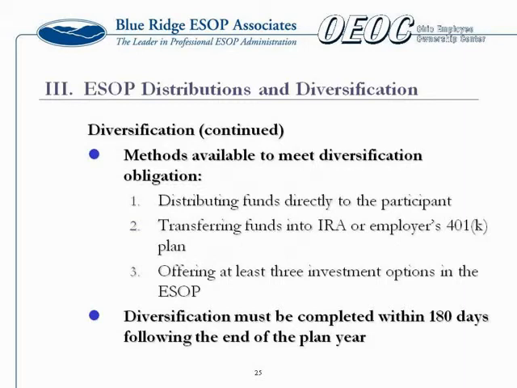And the one that I believe, at least I have seen least often, is the offering of at least 3 investment options in the ESOP. That would mean that the cash for those shares would be transferred into an investment fund or different investment options that the participant would choose, and then the ESOP would be responsible for producing participant certificates and monitoring those funds.